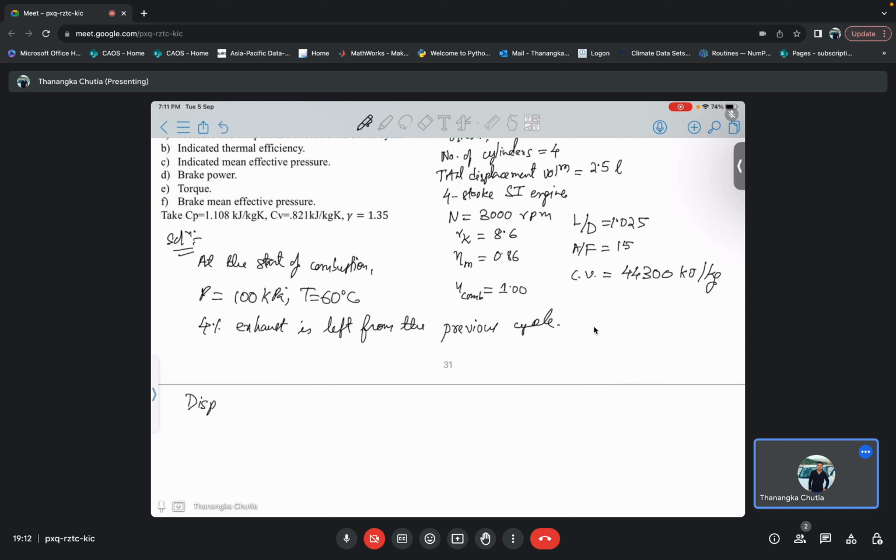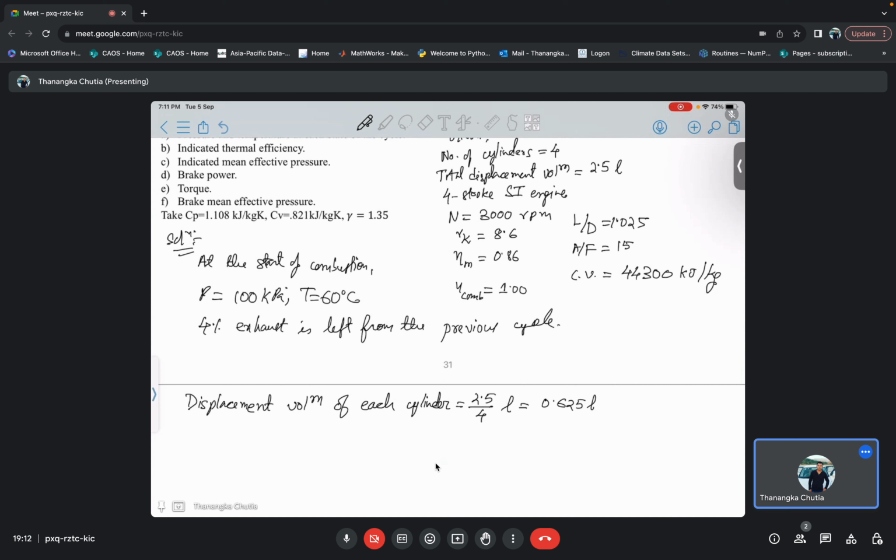Displacement volume of each cylinder is equal to 2.5 divided by 4 liter, and that is equal to 0.625 liter.